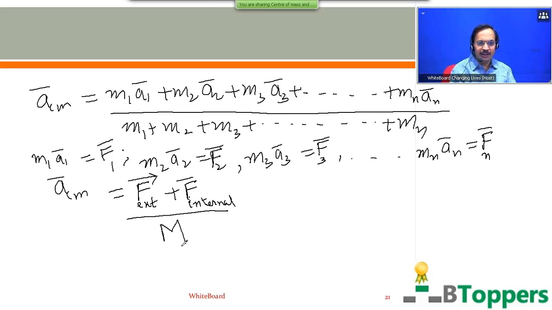Here capital M represents the sum of the masses of all the particles of the system. So here F bar subscript ext represents the vector sum of all the external forces acting on all the particles of the system. F bar subscript internal represents the vector sum of all the internal forces between the particles of the system.